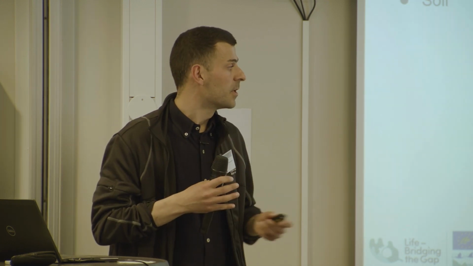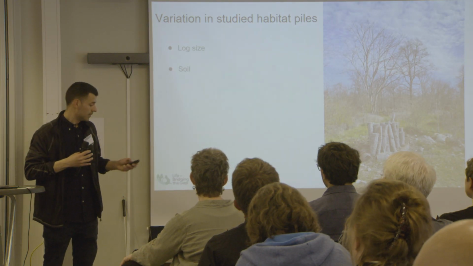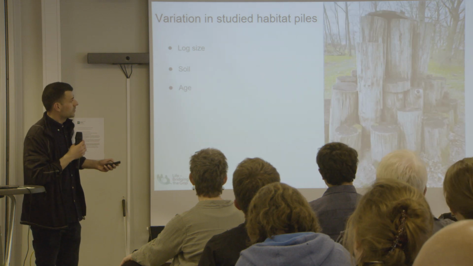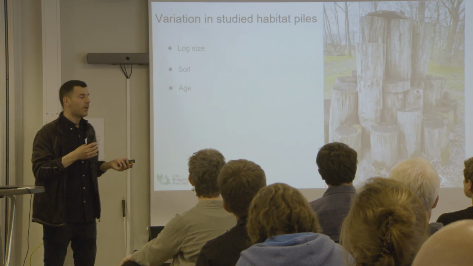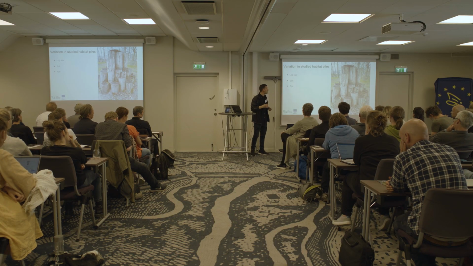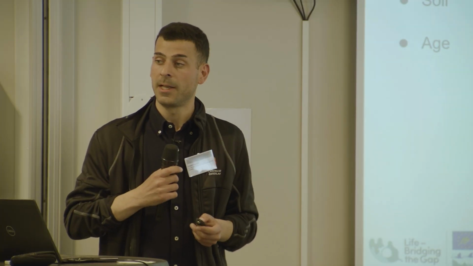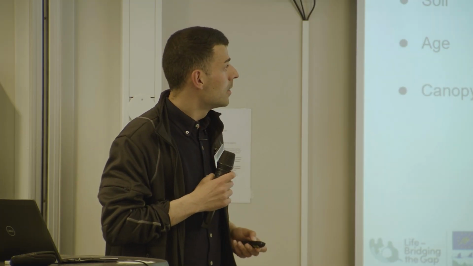Soil samples were taken approximately 2 meters away from the log pies because the soil was quite disturbed close to the habitat pies. We also looked at the age. We know beforehand, doing the survey, what age these habitat pies were, but it was still taken into consideration when doing the different analyses later on.